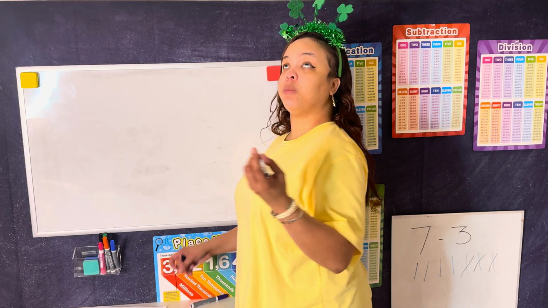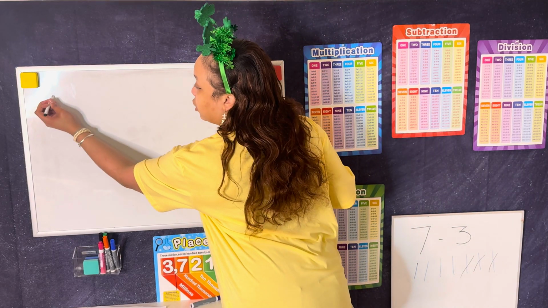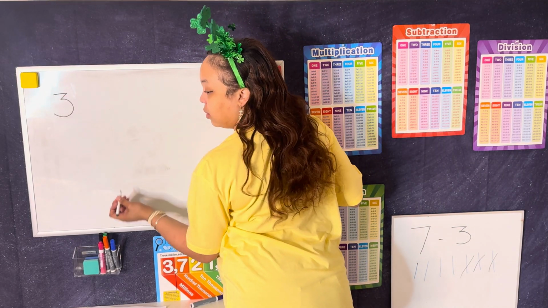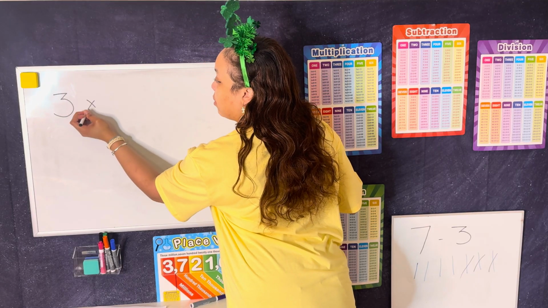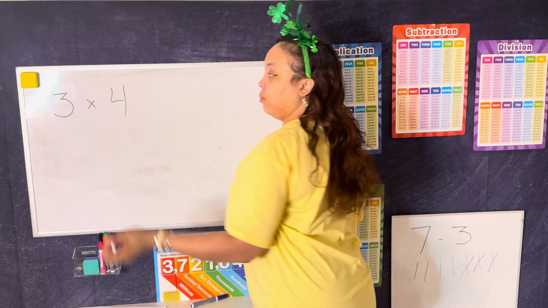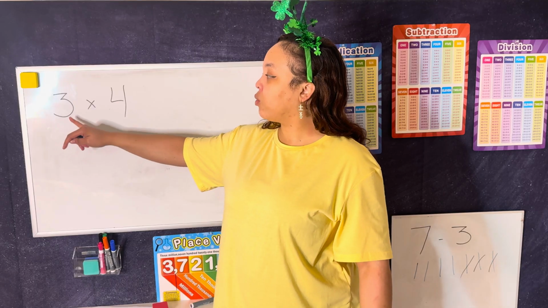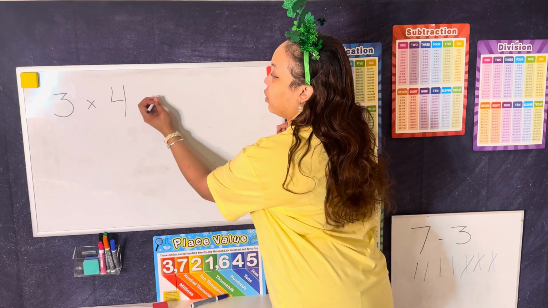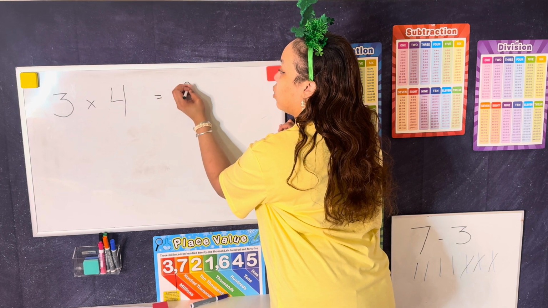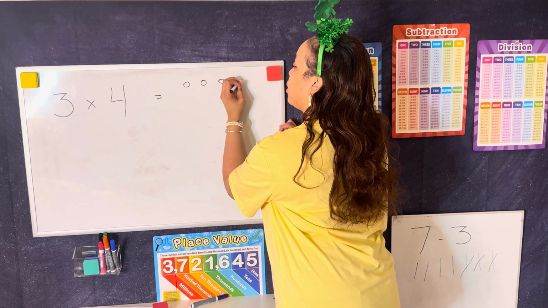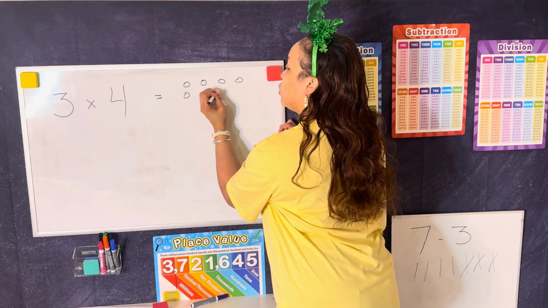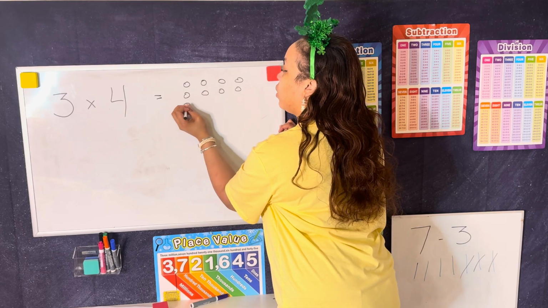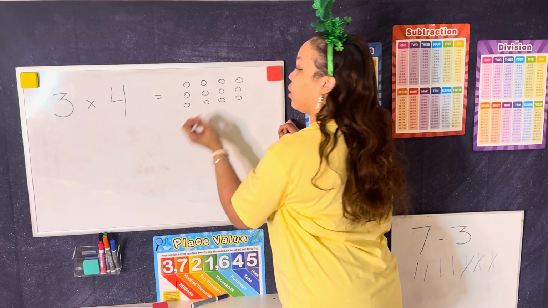When we think of 3 times 4, this means 3 groups of 4. So 3 times 4 also equals 1, 2, 3, 4, 1, 2, 3, 4, 1, 2, 3, 4.